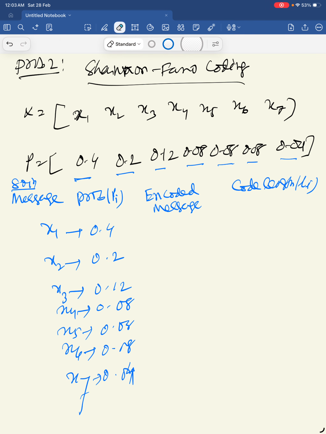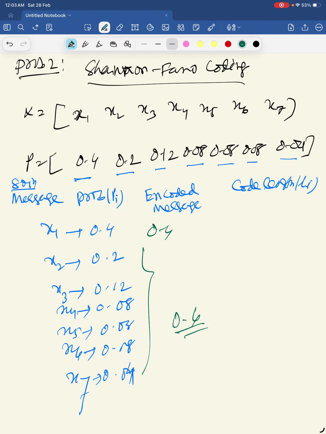Now what we will do is make two groups of nearly equal probabilities. If we add these all, it will give you 0.6 and this is 0.4. So we will make two groups because this is 0.4 and this is 0.6. The minimum difference between the two groups, 0.4 and 0.6, is 0.2.